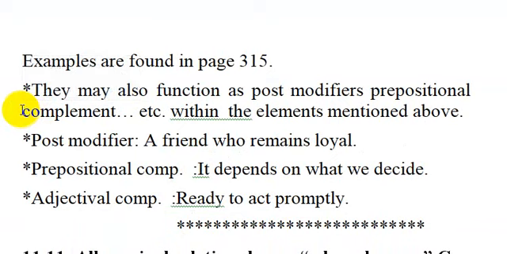Now let's take examples, which are found on page 315. You may find them in your textbook. Let's take an example: what I can see is my own topic. Without "what," "I can find this topic" is an independent clause.